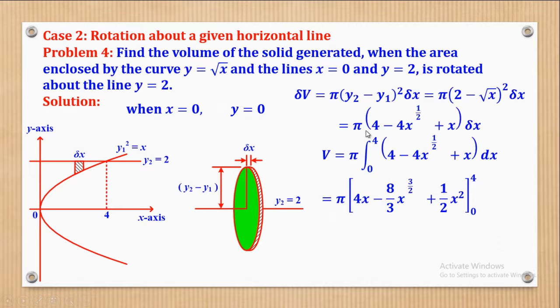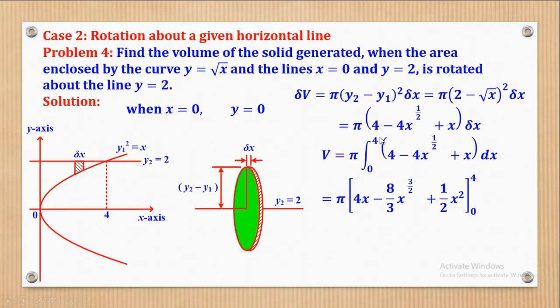And now that I've got the elementary volume, I can now get the total volume by integration. So we shall integrate the whole of this. I think pi is here, this is here, and this delta, small change in x, becomes dx. And when I integrate, we integrate from 0 to 4 because this is from here up to here, which is 0 to 4.